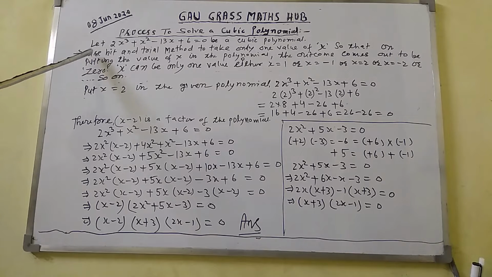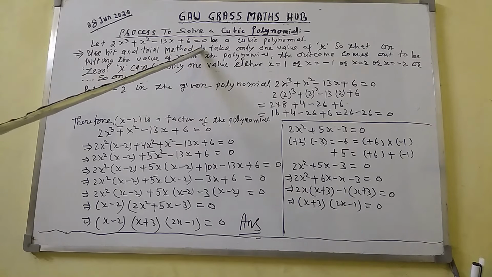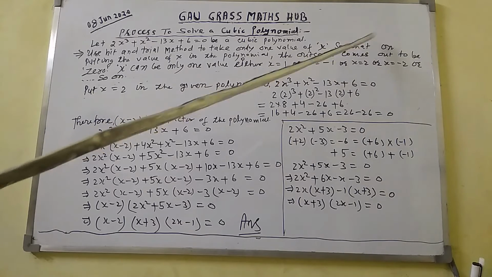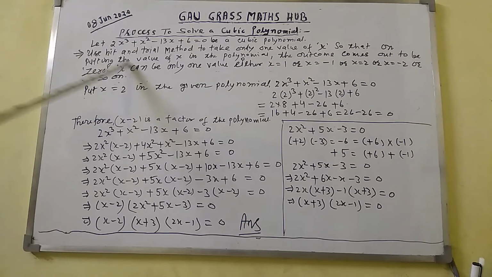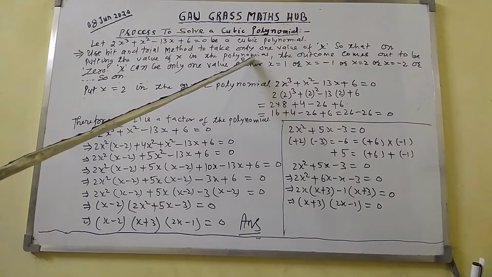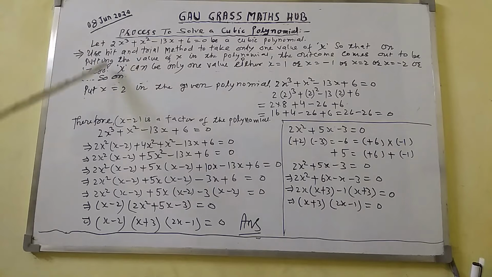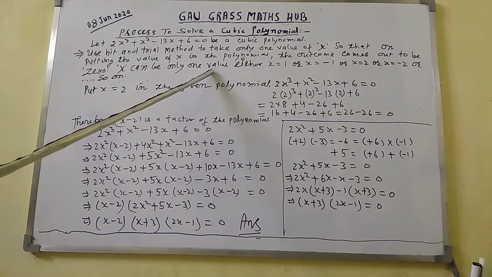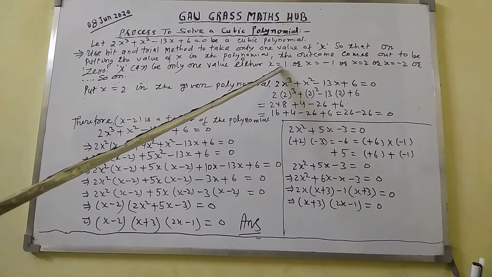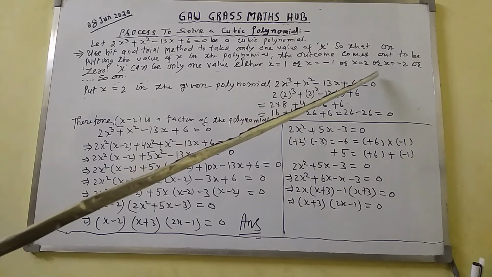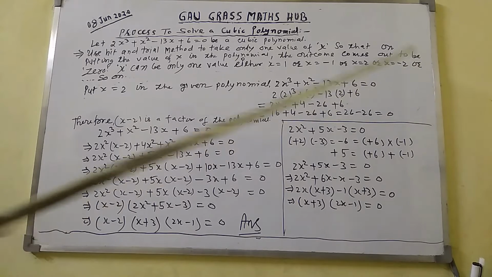Here what we have to do is a hit and trial method: take only one value of x so that on putting the value of x in the polynomial the outcome comes out to be 0. x can be only one value, either x equal to 1 or x equal to minus 1 or x equal to 2 or x equal to minus 2 or so on.